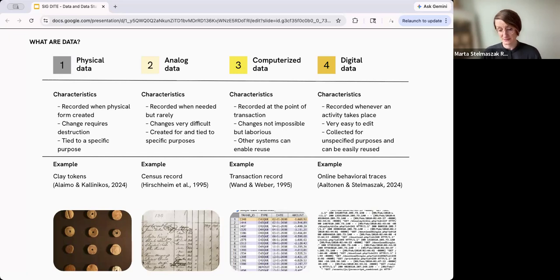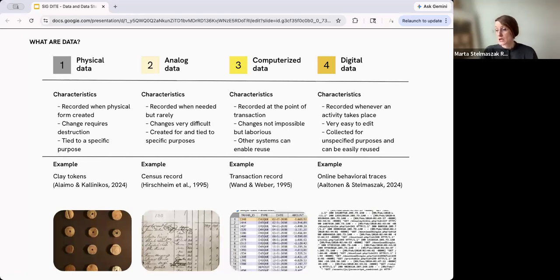So the question here becomes, is this a good start for us to see that digital data are somewhat different from these previous categories, and whether this difference matters, right? And what is it that is changing when we're looking at using and really immersing our world in digital data.